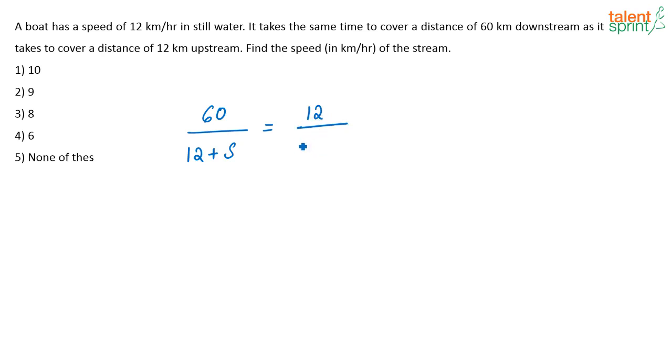What will be the upstream speed? 12 minus s. If s is the speed of the stream, then the time taken to go 60 kilometers downstream is distance divided by speed. Downstream speed is 12 plus s. Upstream speed is 12 minus s. The concept of relative speed comes here, right? Equate this and solve for the answer.